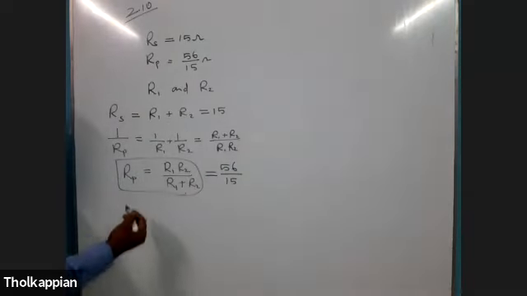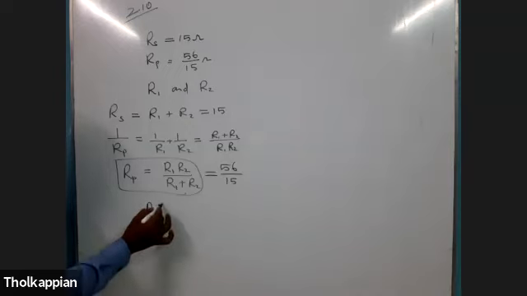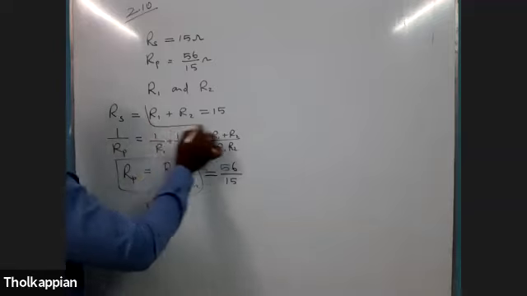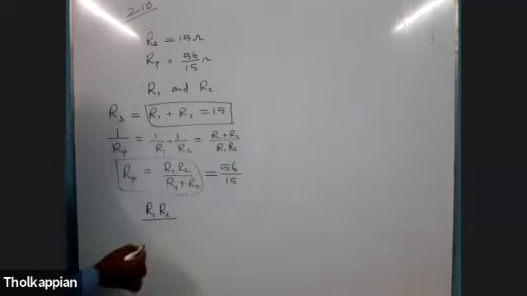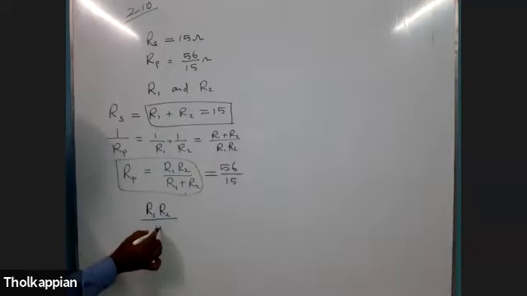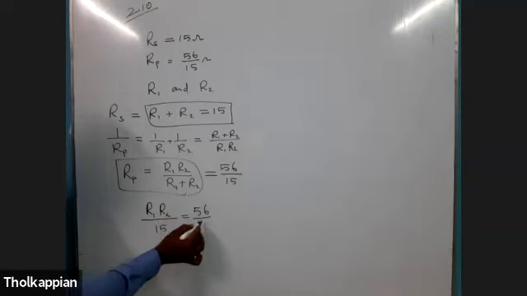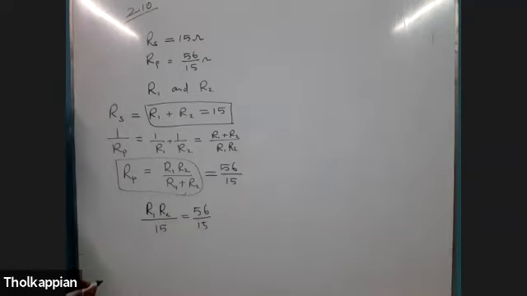Now come to the next part. That is R1 R2 by R1 plus R2. In the place of R1 plus R2, you can write the value 15, since the R1 plus R2 value is 15. So you write 15 here, which is equal to 56 by 15. And cancel the 15.